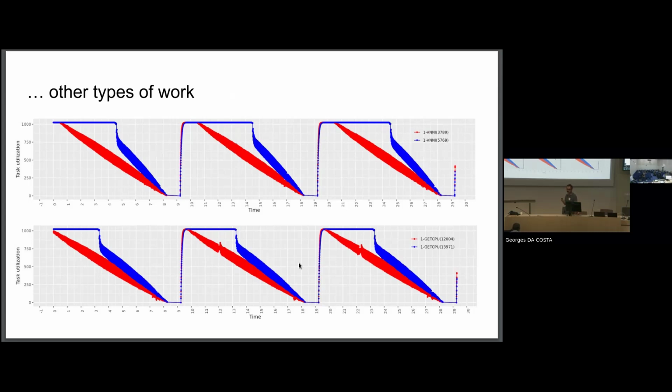So we can see a very distinct difference here. You can see that the gap between the utilization in the VNNI case and the other CPU case is bigger, meaning that invariance needs to be done not only on frequency and CPU type, but we may even consider an extra dimension, which is the type of work that is put on the CPUs.